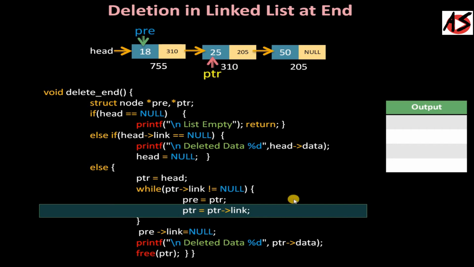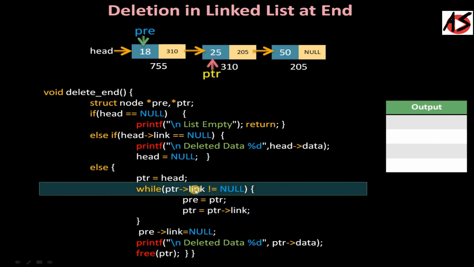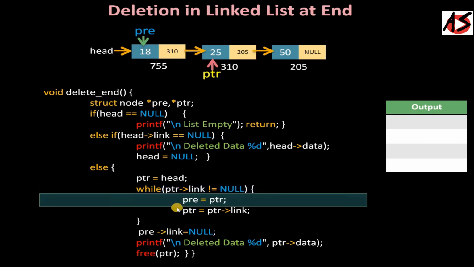Now again we will check the while condition, that is pointer link is not equal to null. Here pointer link is 205, that is not null. So we are coming inside the loop. Here we will see previous pointer is equal to pointer. So previous we have to shift to the pointer node.